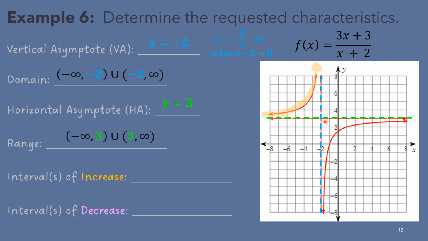When we look on the other side of the function's vertical asymptote at -2, from -2 all the way out to positive infinity, the function is still increasing. So that entire domain represents the function's interval of increase. Negative infinity to -2, union -2 to positive infinity. Since the function is only increasing, we will say there is no interval of decrease.